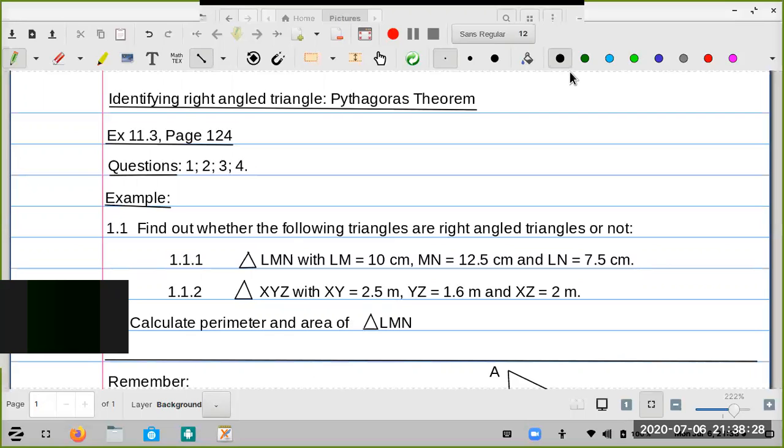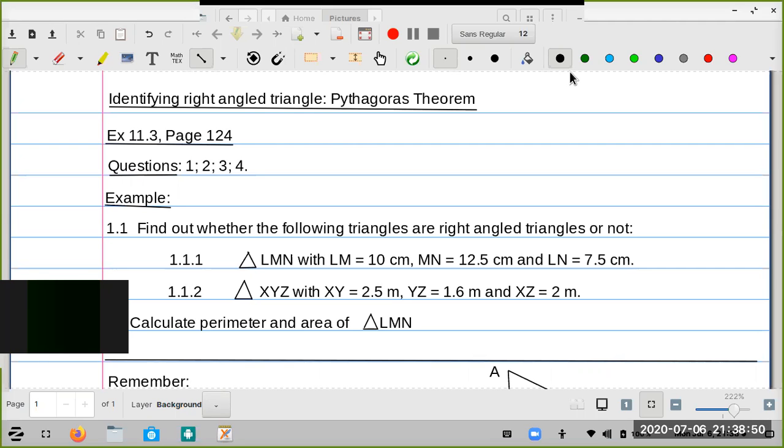So in this case, we are going to make use of Pythagoras theorem, especially on question number 1.1.1 and 1.1.2. That's where Pythagoras theorem is very, very important for us to deal with those problems.